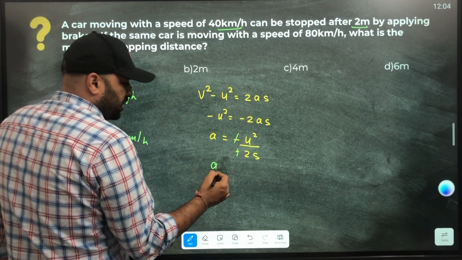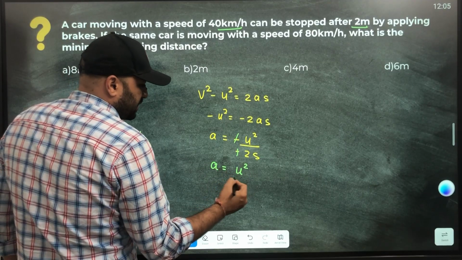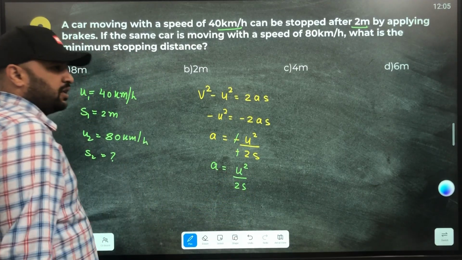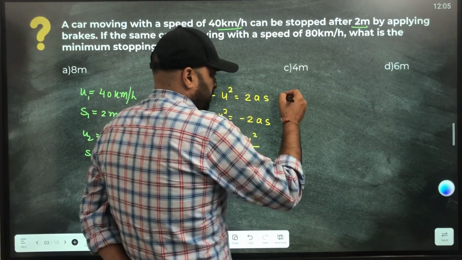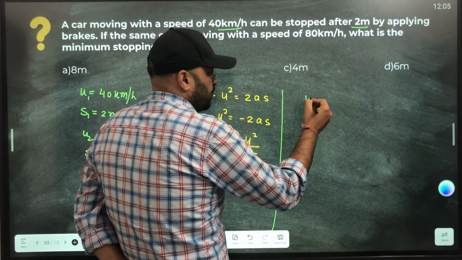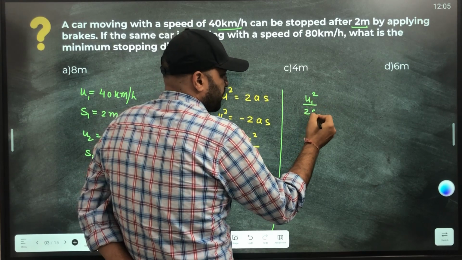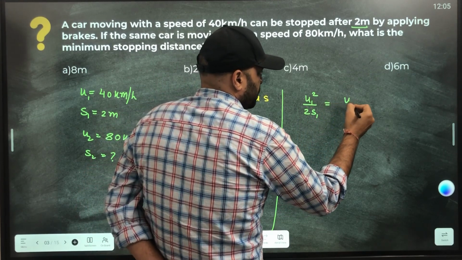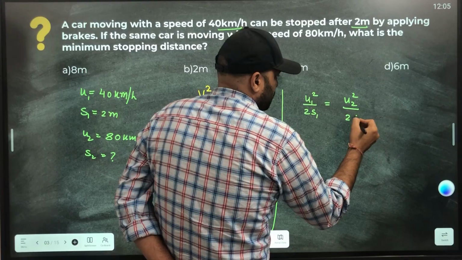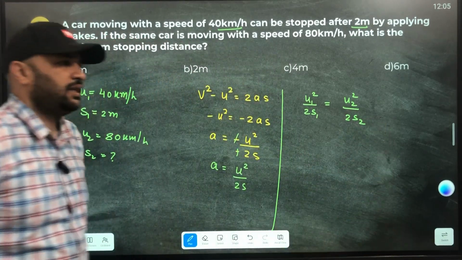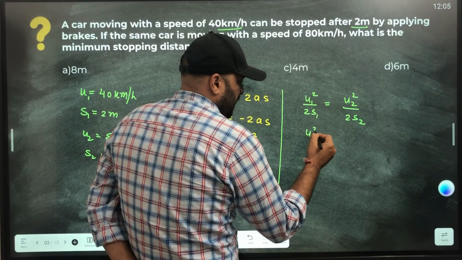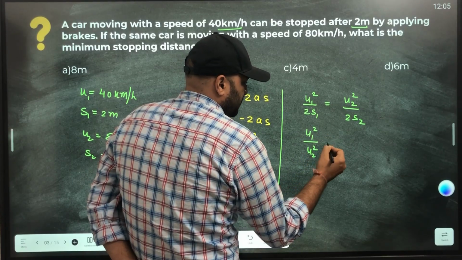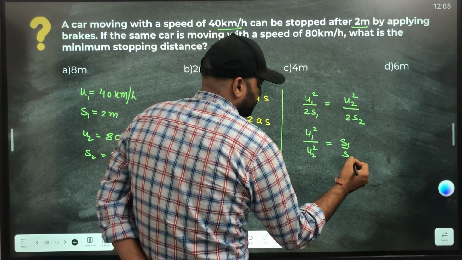Acceleration in both cases will be the same, because the car is the same, so the force applied will be the same. So I can say u1 square upon 2s1 will be equal to u2 square upon 2s2. I hope this is clear. And as you can remember, 2 cancels out. u1 square upon u2 square is equal to s1 upon s2.